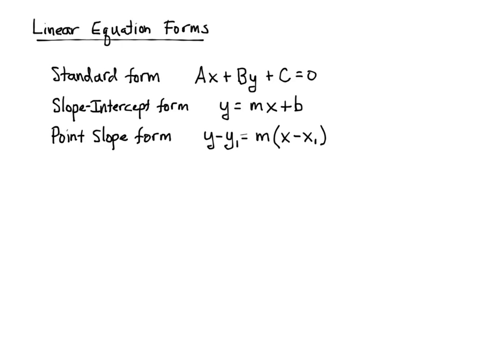Now there is one thing that is handy about the standard form, is that if the equation comes in standard form, let me write one like this, where we have 3x plus 4y minus 12 equals 0. If we have something like this, it graphs very, very quickly.